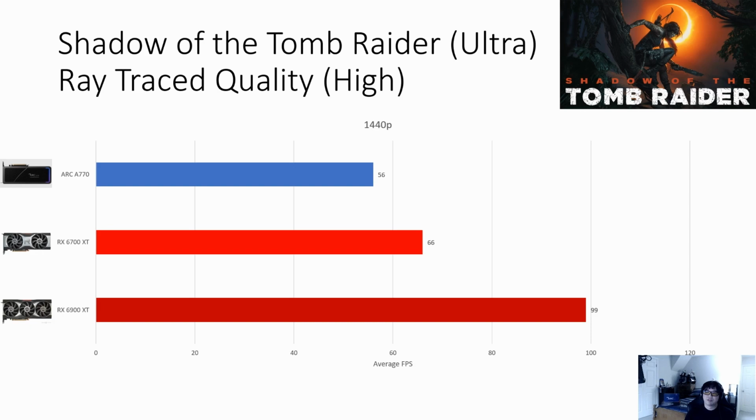So if we move on to 1440p now, the average is 56 for ARC, 66 for the 6700, and 99, just one short of 100 for the 6900 XT. So this is interesting because it made me wonder, like, well, what happens if I ran this at ultra ray trace quality?